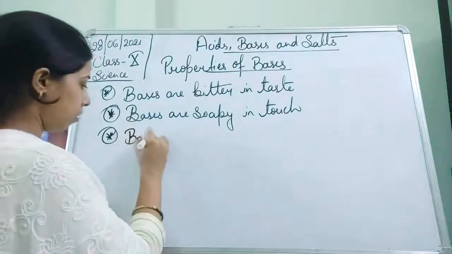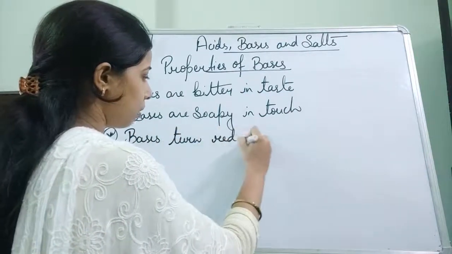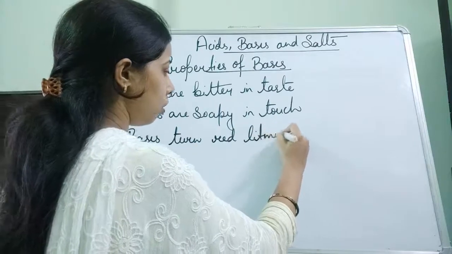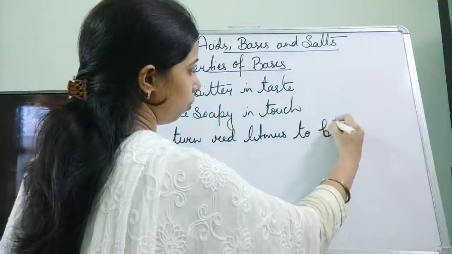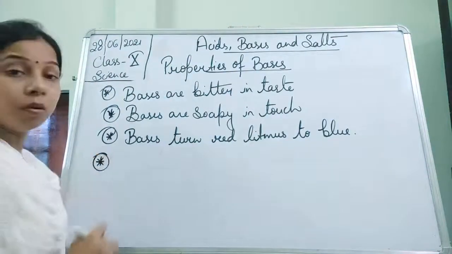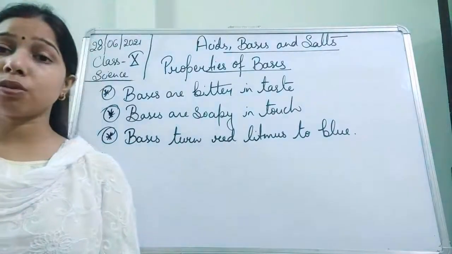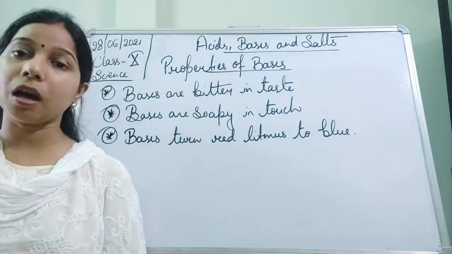Bases turn red litmus to blue. Then bases, being electrolytes, produce ions.